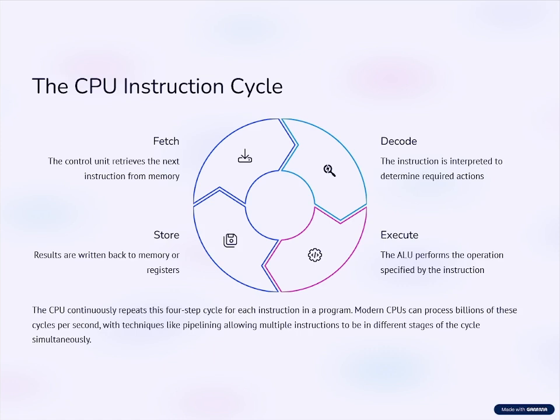After we have done decoding, we now go into the real processing, and that real processing is what we call execution. In the execution, the arithmetic and logic unit performs operations of the specific instruction that has been given, or even the logic unit determining which operations to be done.